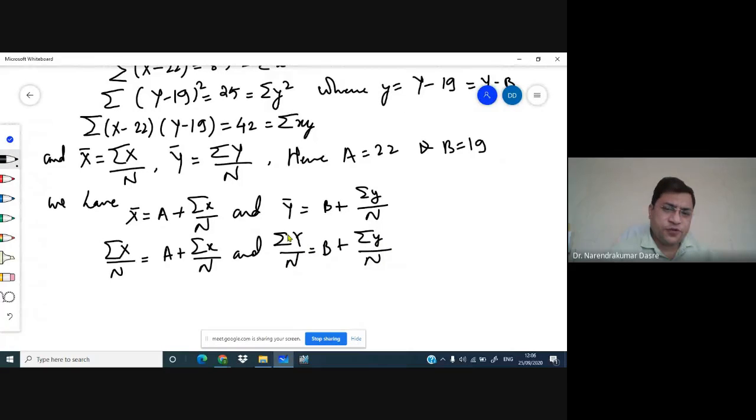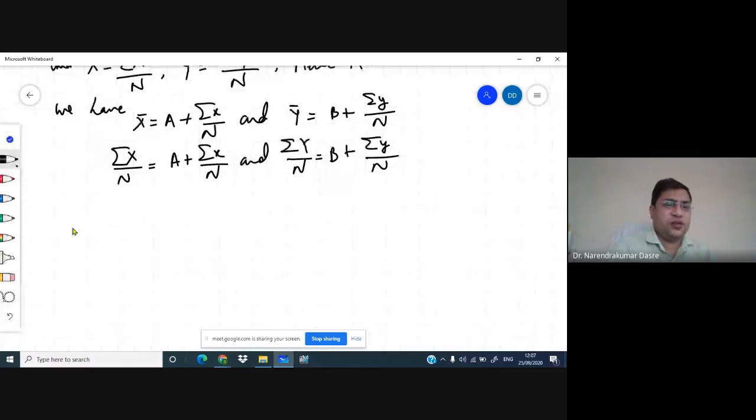Please be careful with the notation. It is very important. You cannot write both to be small x. If you write both to be small x, then a becomes 0, but we can see a is not equal to 0. Here also b would become 0, but b is not equal to 0. That's why we have to be careful writing all this.